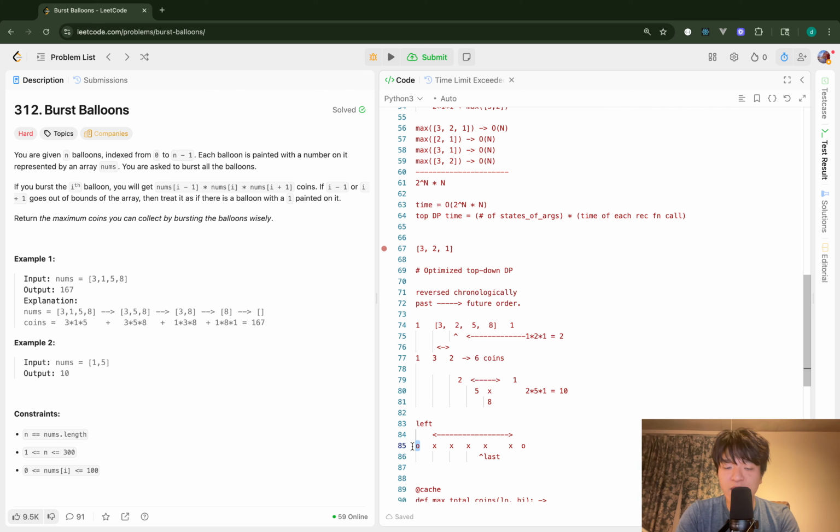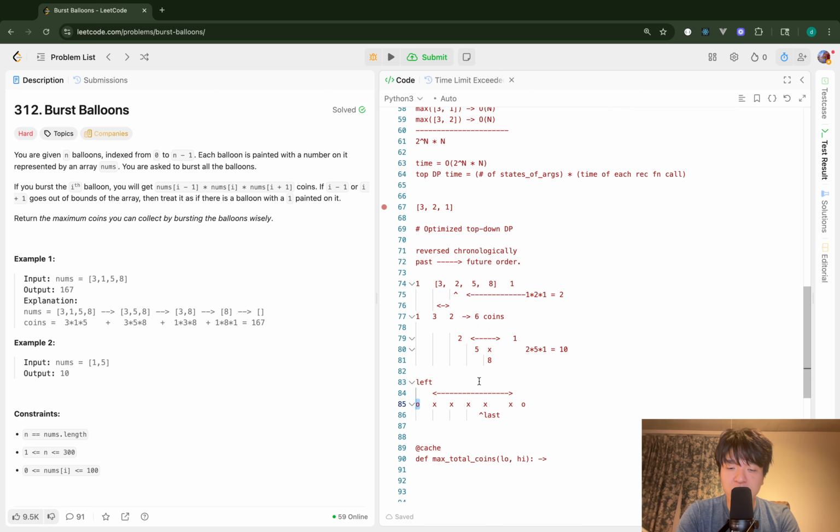So with that index and with the number of the balloon at that index, I can calculate how many coins I can get by, say, choosing the last balloon as this one. Also, I want this one here, which is the index of the balloon which has not been bursted yet, which means that it should be bursted later.